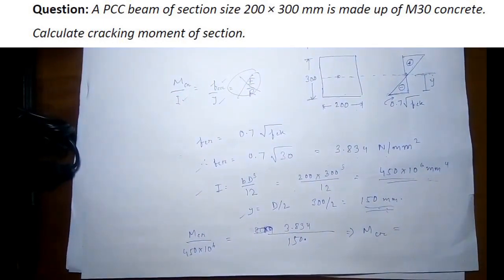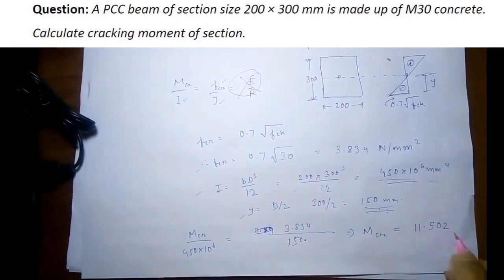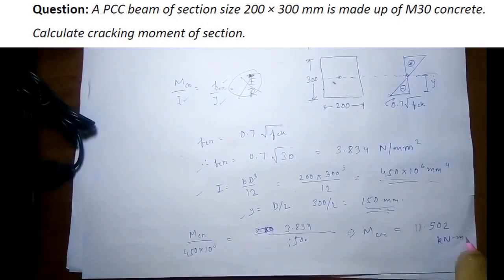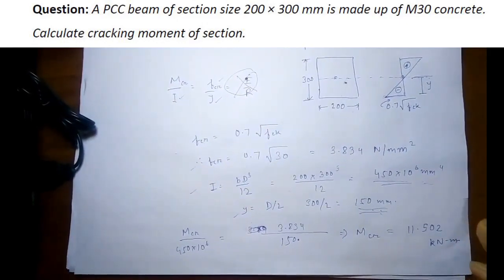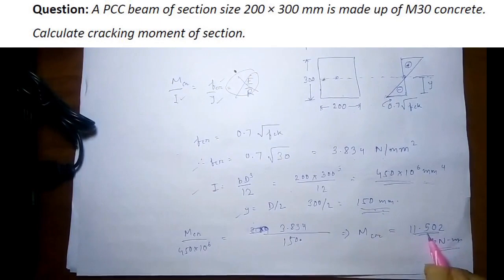If I want to convert it from mm to meter and also Newton to kilonewton, it will be equal to 11.502 kilonewton meter. If I would have kept it in Newton millimeter, it would have been a very large value, so I converted it to kilonewton meter: 11.502 kilonewton meter.